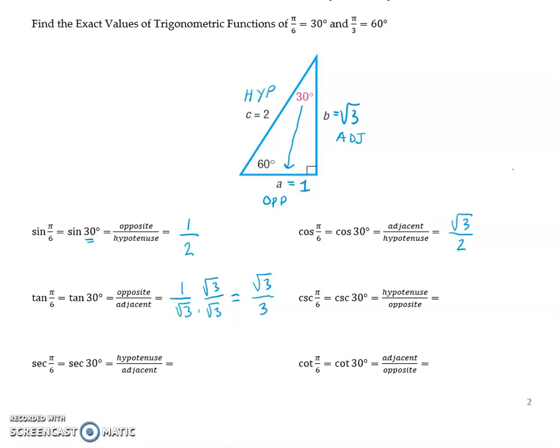For cosecant of 30 degrees, remember that's the same thing as 1 over sine of 30. So we're going to be taking our fraction for sine of 30 and flipping it upside down. So we're going to get a positive 2 on top, a 1 on the bottom, which we can rewrite as a positive 2.